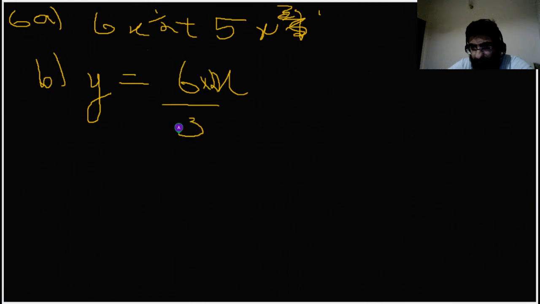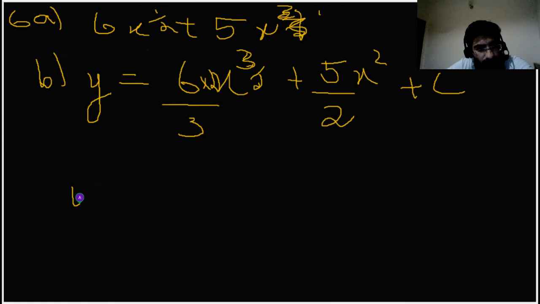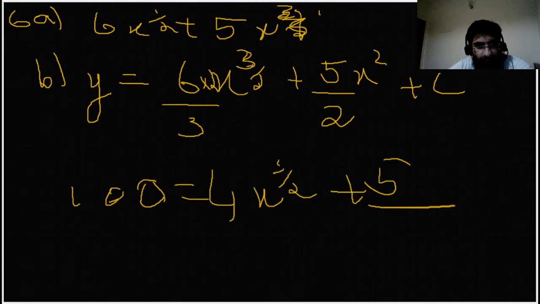We just put y is equal to 6x into 2 by 3, x to the 3 by 2, plus 5x squared by 2, plus c. 6 into 2 is 12, 12 by 3 is 4, so 4x to the 3 by 2 plus whatever.